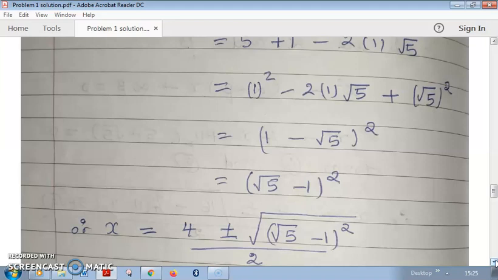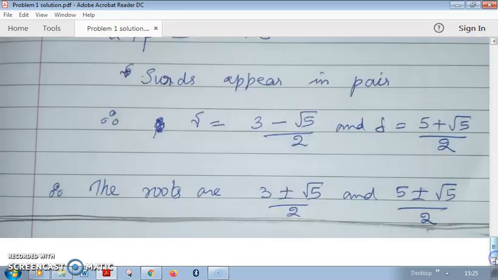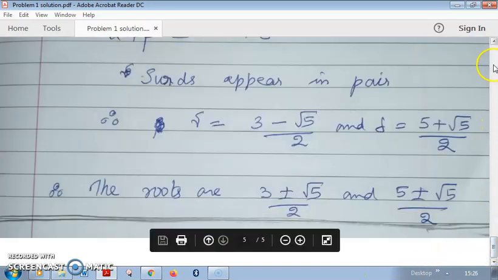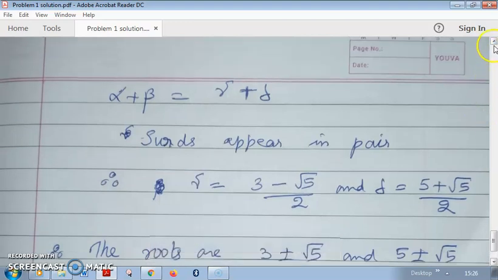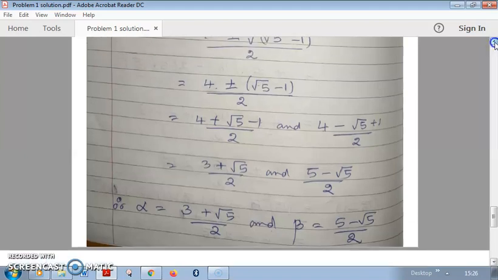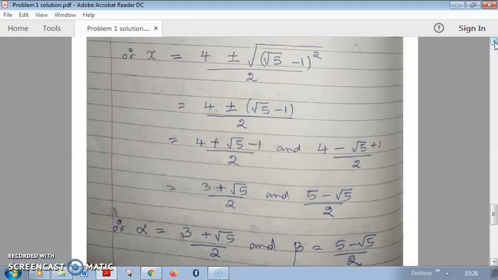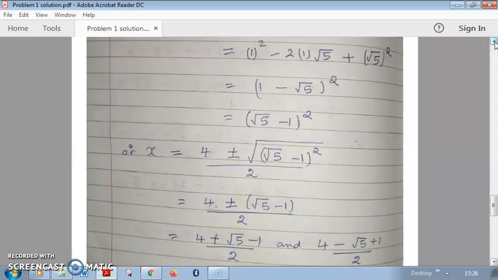Therefore, value of x will be 4 plus or minus square root of root 5 minus 1 the whole square by 2.